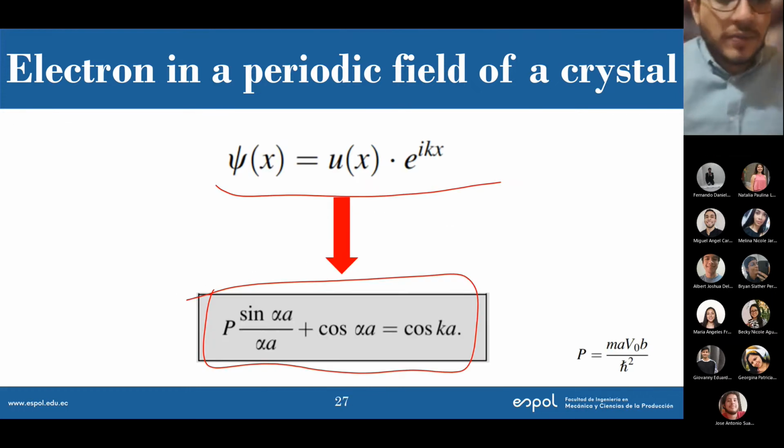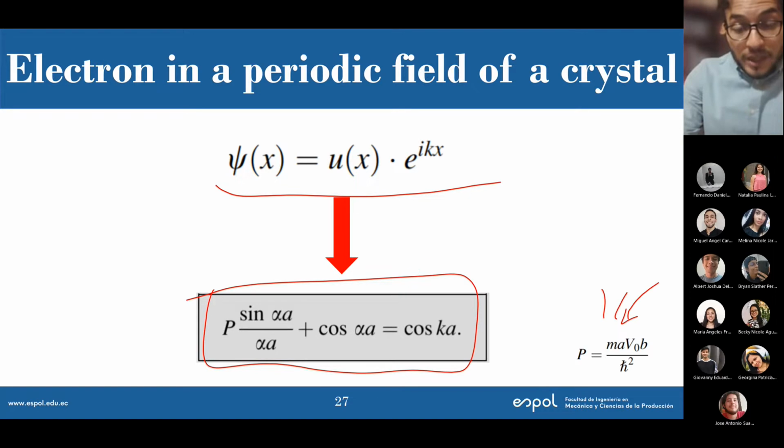We can get that equation where P is a constant, because P only depends on the mass, the lattice constant, the potential energy, b, remember, that is the width of the potential barrier, and the reduced Planck's constant. So P is a constant, okay?